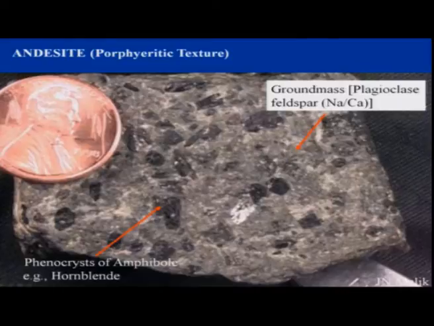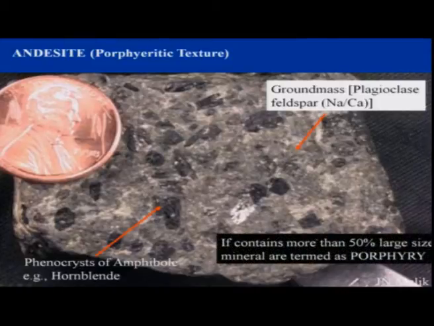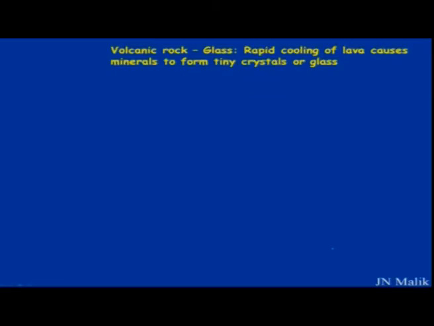If a rock contains more than 50% larger minerals, then it is termed a porphyry. This is another term given to the rock based on texture: if it contains 50% larger crystals, it is termed porphyry. So this is an example of andesite with porphyritic texture.